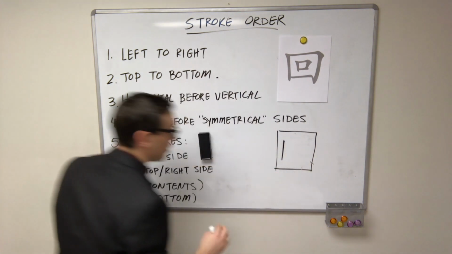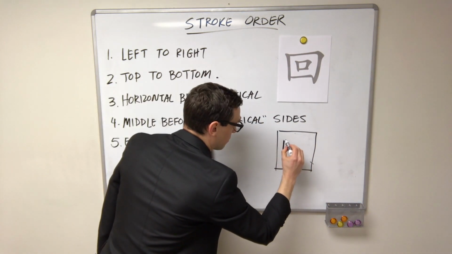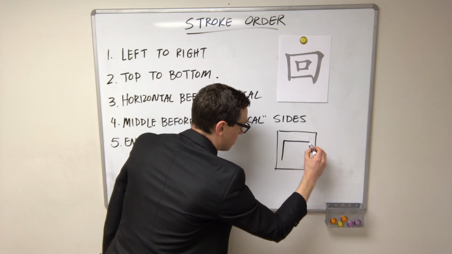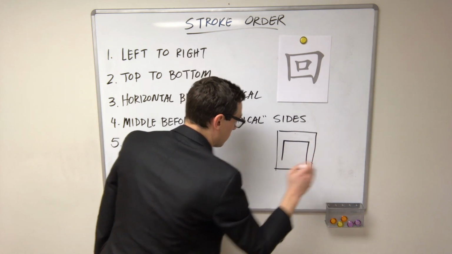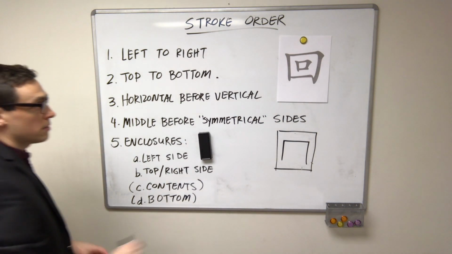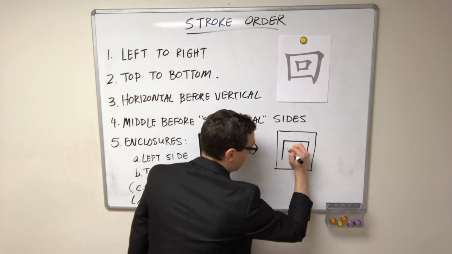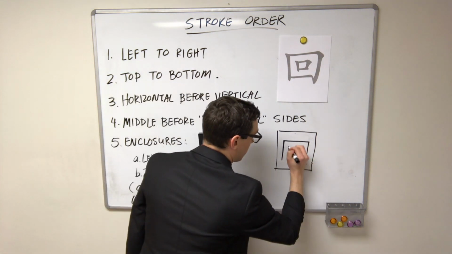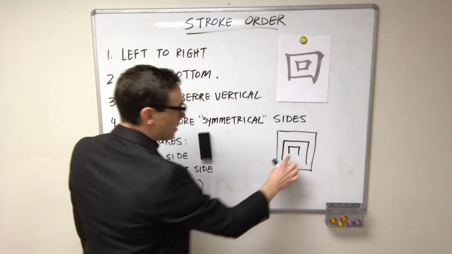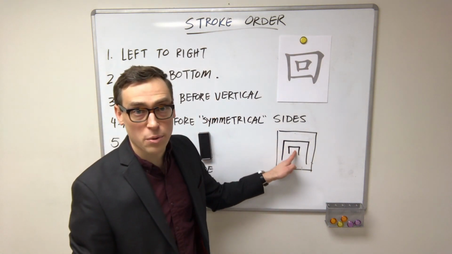So we have our left side going from up, down, coming back to this original point, the top and the right. Okay, now we're not going to close it until we do contents. What is the contents? It is a smaller enclosure. So the left first, then the top right. Now, before we close it, we have to deal with the contents of this smaller one.